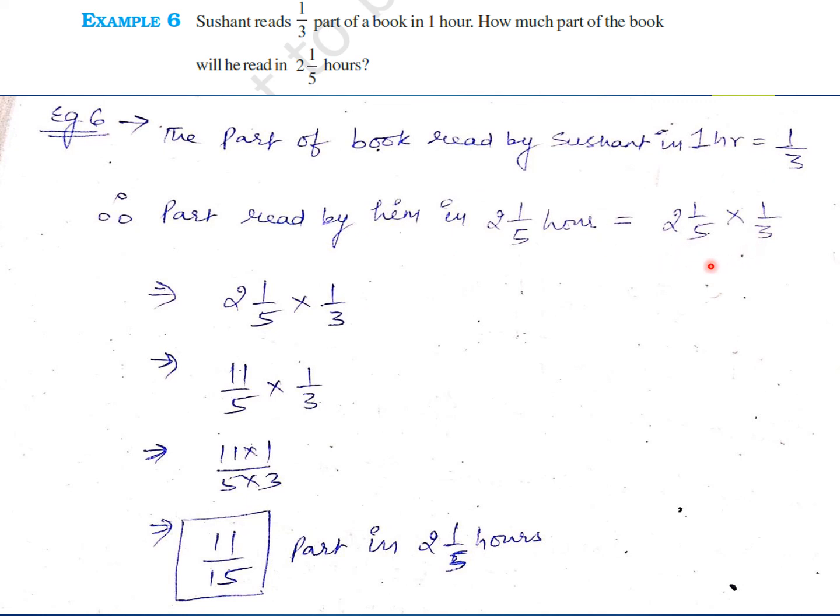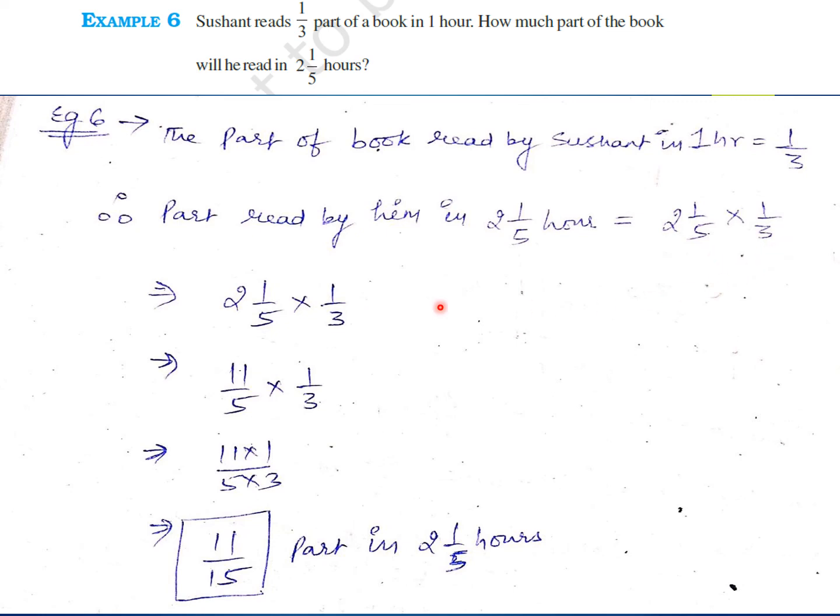Just like the question of chocolate, we have multiplied this thing into this. Again I am repeating, if someone says one chocolate is for 10 rupees, then 5 chocolates are for 5 into 10. Similarly, I have done this thing. In 1 hour, he is reading 1 by 3 part. So in these many hours, he is reading this into 1 by 3.